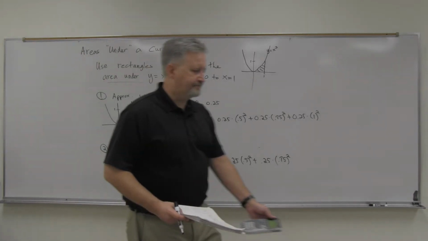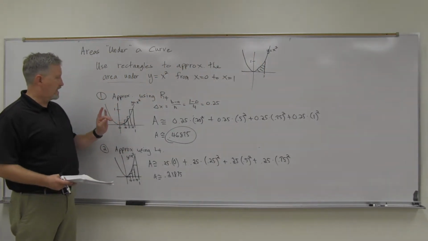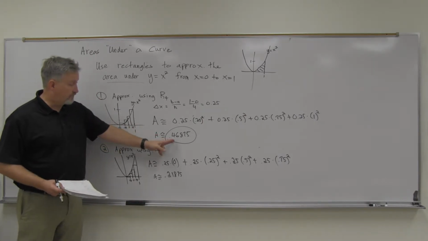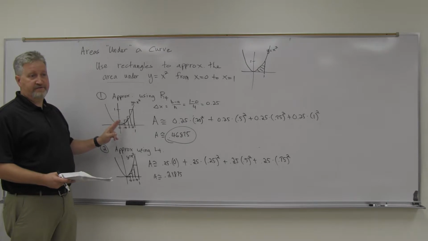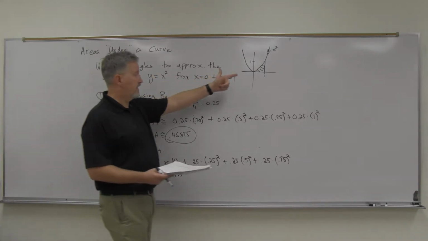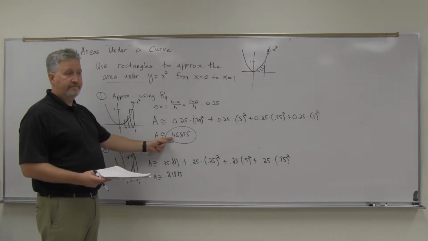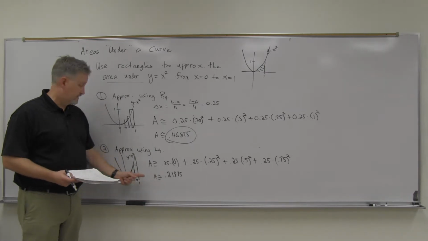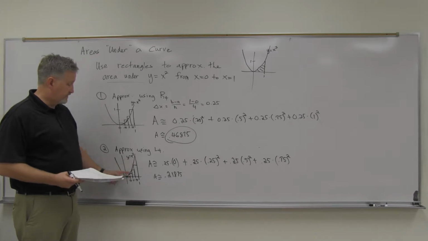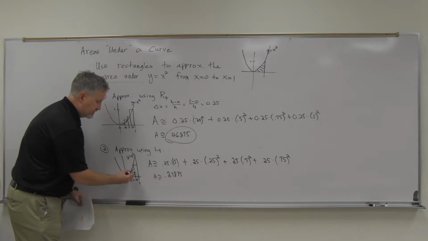All right, now let's note a couple of things. I drew the picture, and we can see clearly that the 0.46875 is going to be an overestimate. So our true area, if I call it A, is something less than that. I'm sorry, the 0.21875 is an underestimate, because you don't quite have all the area covered with the rectangles in the second case.